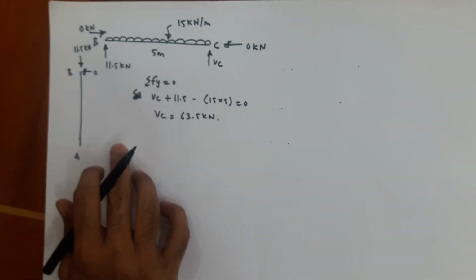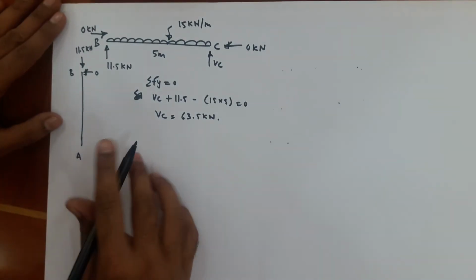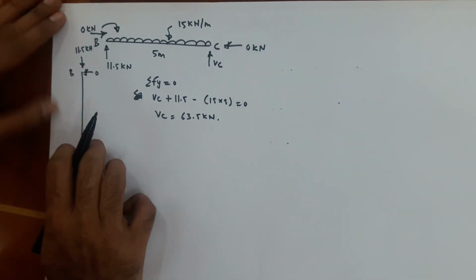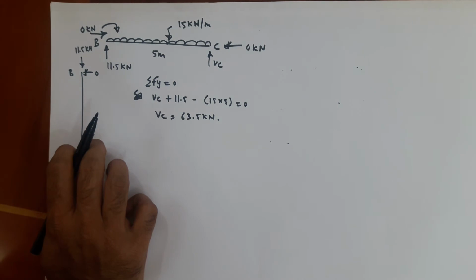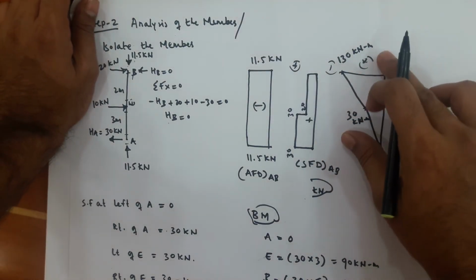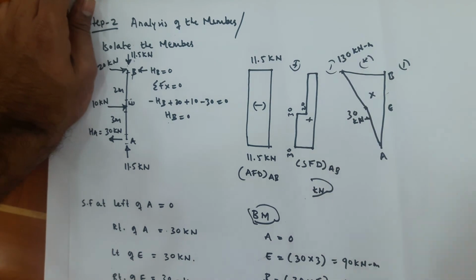You know what VC is. You also know the bending moment at B, which we have calculated. We got positive, which means we have to take clockwise. Bending moment at B is 130 kilonewton meter, positive.